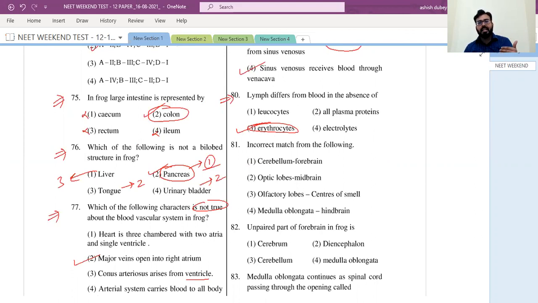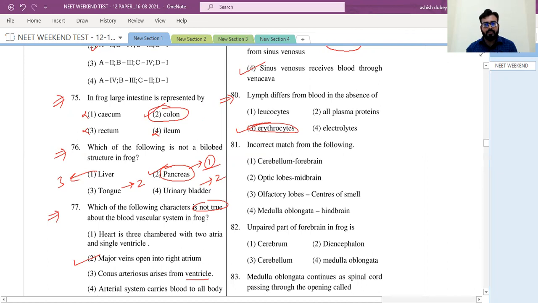But the main difference is this: leukocytes can perform diapedesis or pseudopodial movement and go into the tissue fluid, from where it is forming the lymph. Plasma proteins are diffusible, and the electrolytes are ions dissolved in the water, the plasma. That's why they are in the tissue fluid and in the lymph. But the erythrocytes do not have the capacity of moving across the blood capillaries into the tissue fluid. So lymph differs from blood in the absence of erythrocytes.